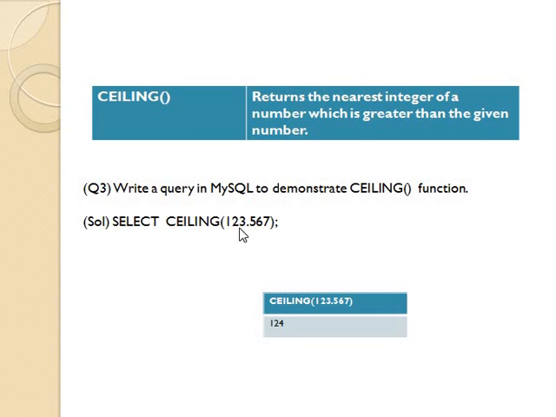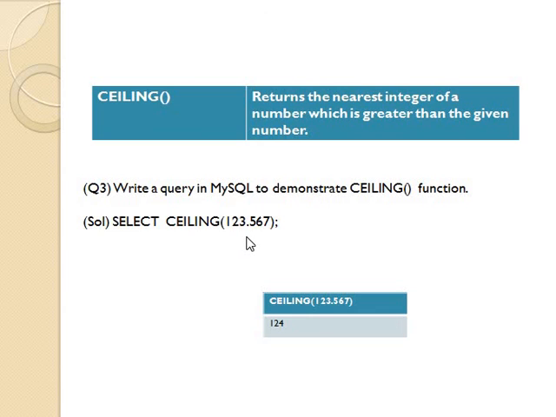Now if the given number is 123.567, which is decimal in nature, the nearest integer for this number, which should be greater than this number 123.567, will be simply 124, because 124 is the only integer which is greater than this number and also nearest to it.